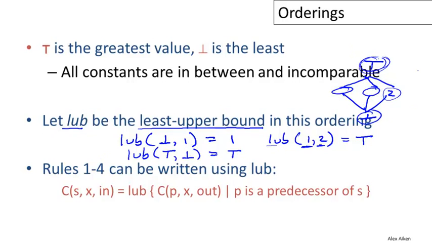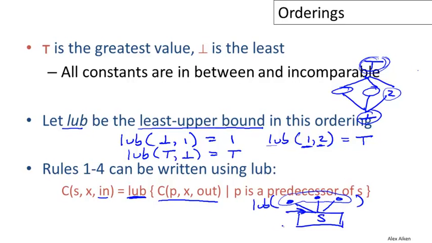Given this idea, it turns out that rules 1 through 4 are just computing the least upper bound. The in of a statement is equal to the least upper bound of the out of all the predecessors. If we have a bunch of predecessors and a statement S, we take the least upper bound over the information on the predecessors, and that is the information on entry to S.